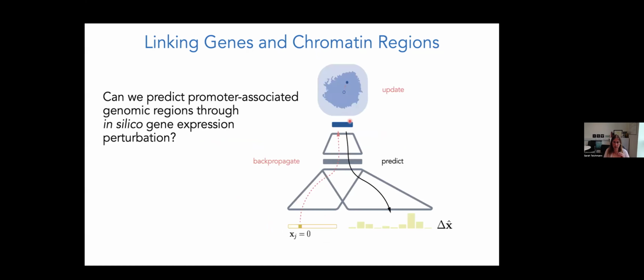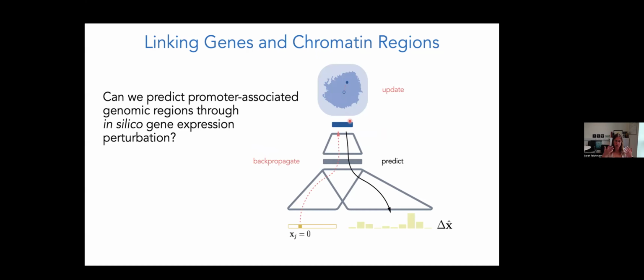Here what we're doing is taking all of the data as input and training on it, and then, in an in silico experiment, asking how the sample will change if a gene is switched on or off. So we're making that single small step and then looking at the prediction in this generative model.